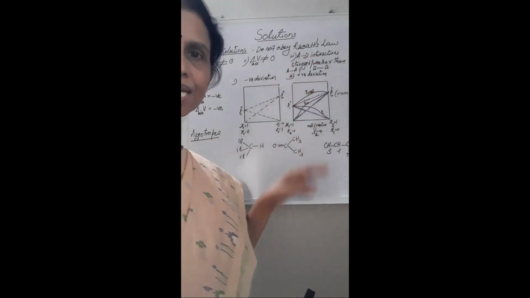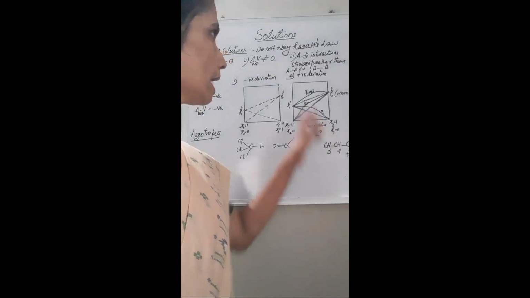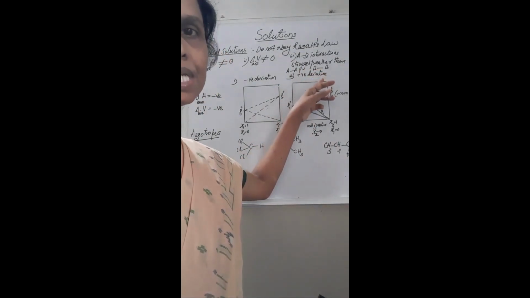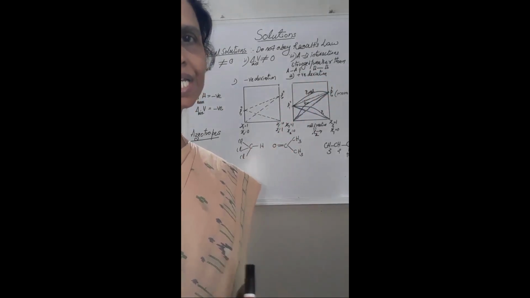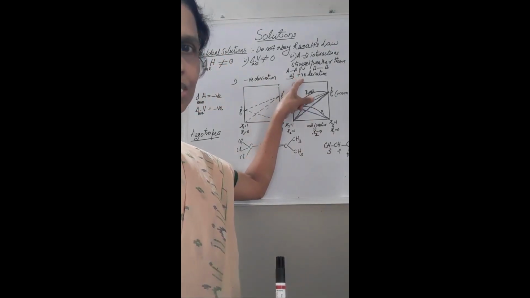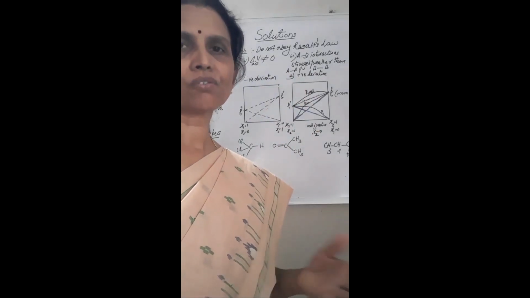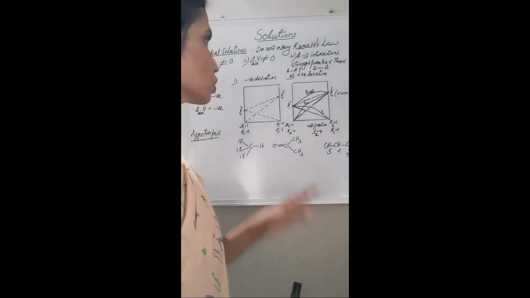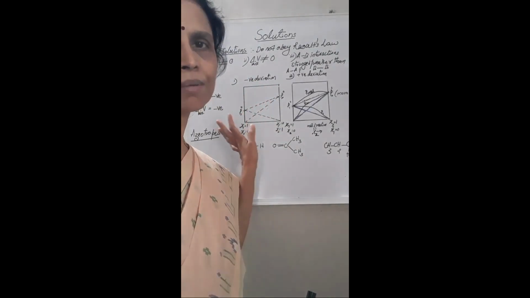That is, A-B interactions can be stronger or weaker than A-A and B-B interactions. Therefore we have two types of non-ideal solutions: those showing positive deviation from ideal behavior or from Raoult's law, and those showing negative deviation from ideal behavior or from Raoult's law.